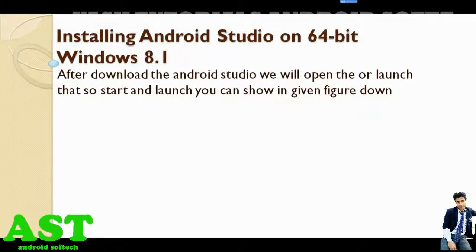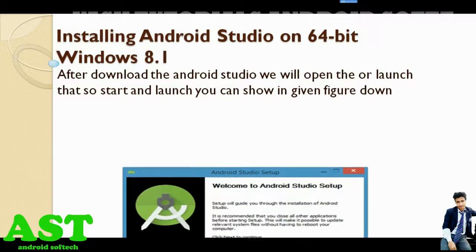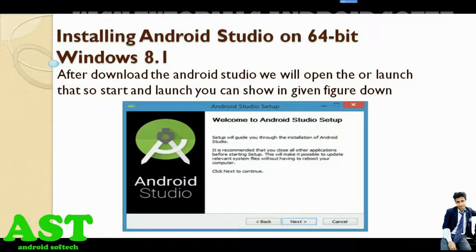Okay guys, now I will show you how to install our Android Studio. Follow me now. After downloading Android Studio, we will launch it. When you open the Android Studio exe, this setup wizard will open. So click on next.